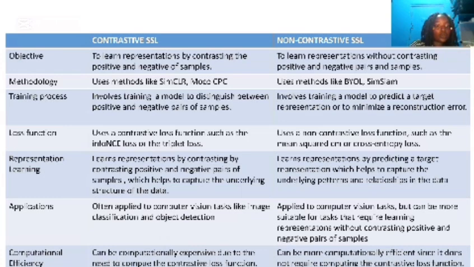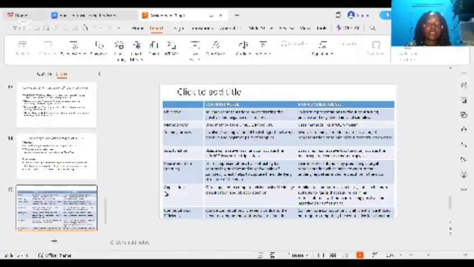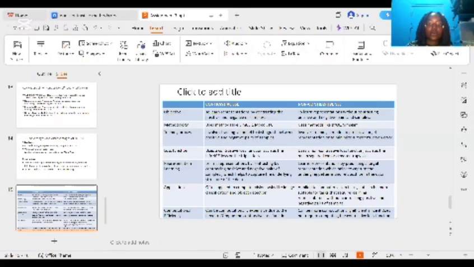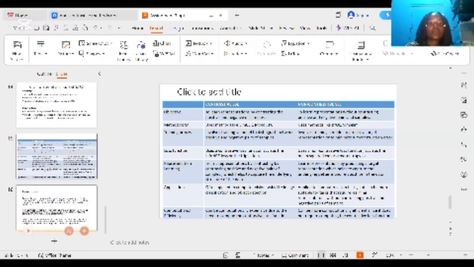Then also computational efficiency, whereby contrastive can be computationally expensive due to the need to compute the contrastive loss function, while the non-contrastive one can be more computationally efficient since it does not require computing the contrastive loss function.